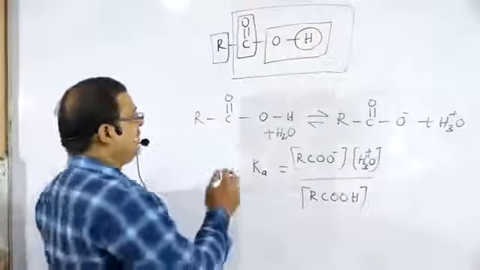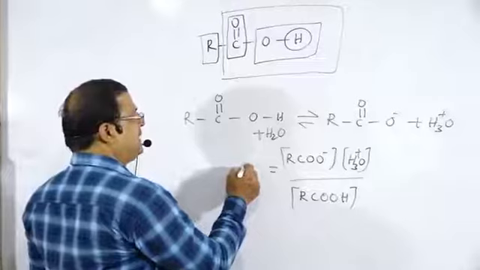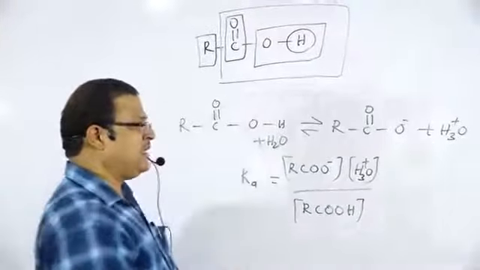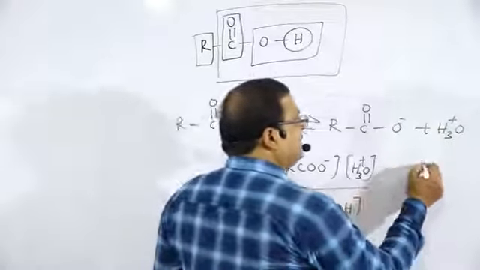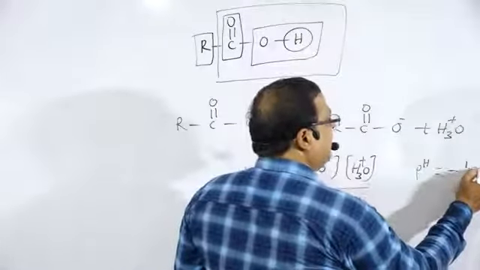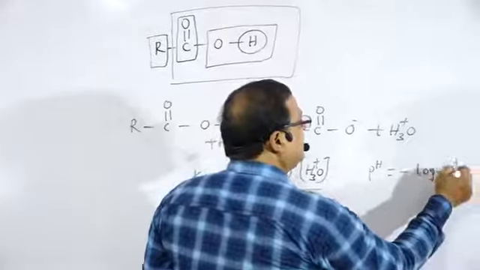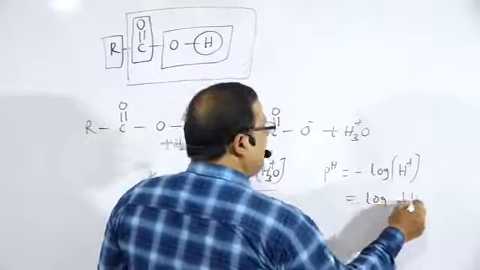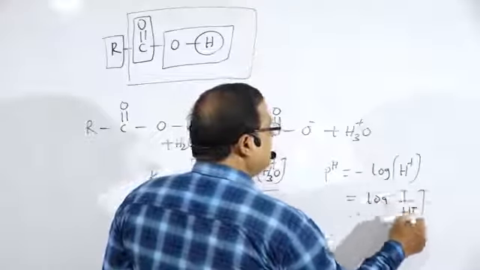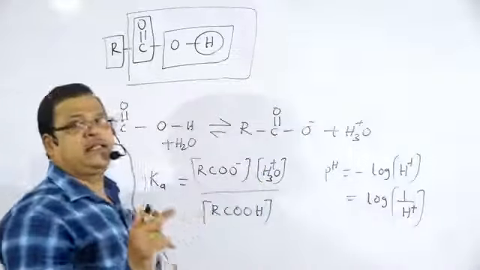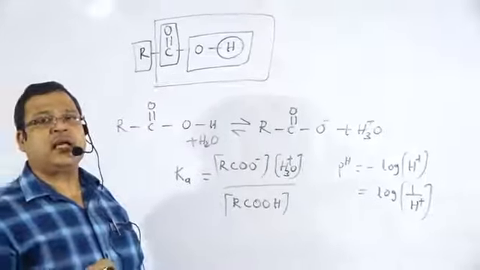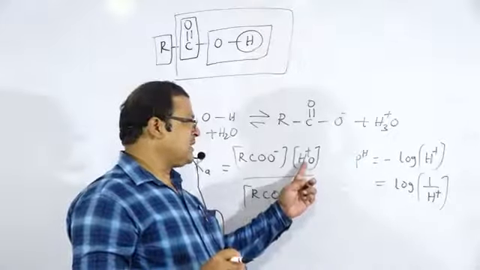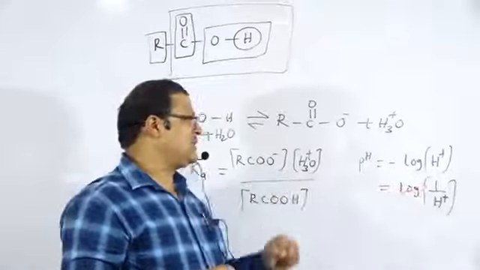Then how do we define the strength of that acid? Higher is the value of K. We know that pH is equal to the negative logarithm of the H plus ion concentration, that is, log 1 by H plus ion concentration. H plus ion concentration is equal to the hydronium ion concentration.